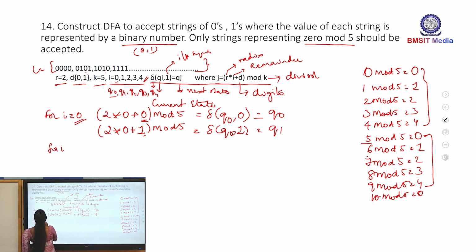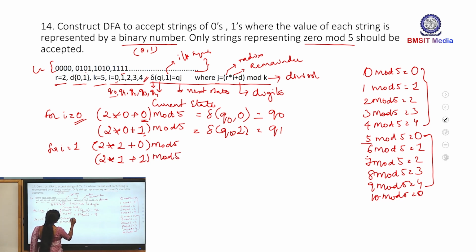Similarly, for i equal to 1, that is the second one, we have 2 star 1 plus 0, mod 5, from the state Q1 on seeing a 0. And then the next one that we have is 2 star 2 into 1 plus 1, mod 5.